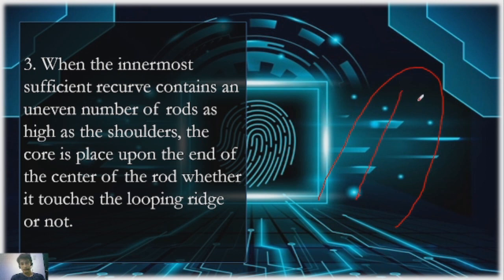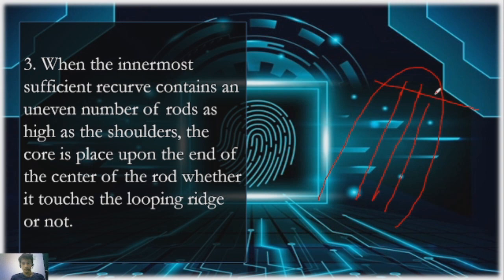So, let's say there are 3 rods in here, or bars inside the innermost recurving ridge. So with that, and they're as high, an uneven number of rods as high as the shoulders. So the shoulder is in here, and they were able to reach.